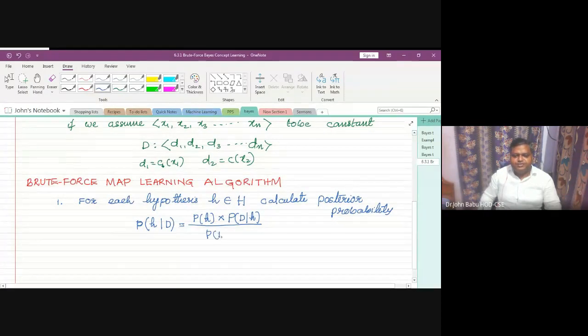This is the Bayes theorem for calculation of the posterior probability of a hypothesis.